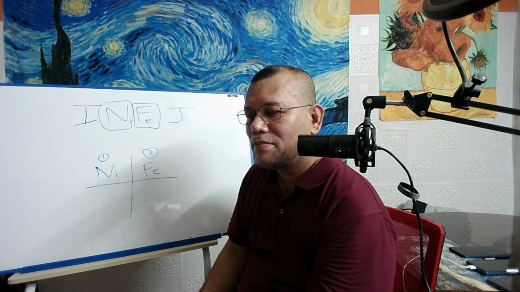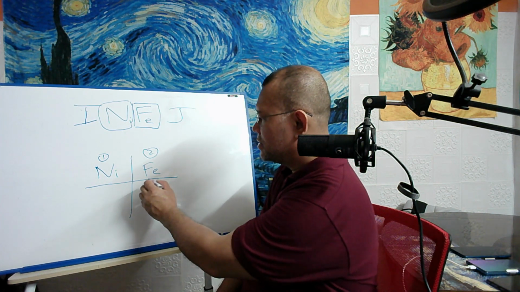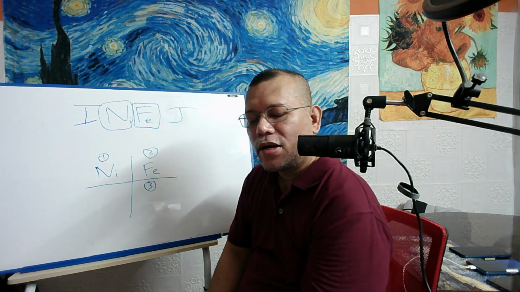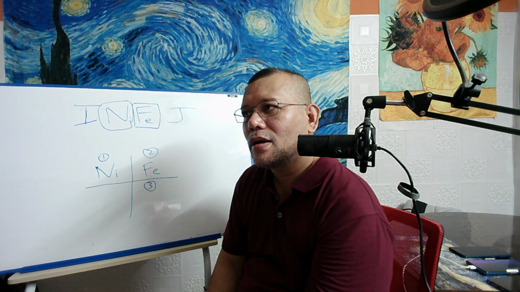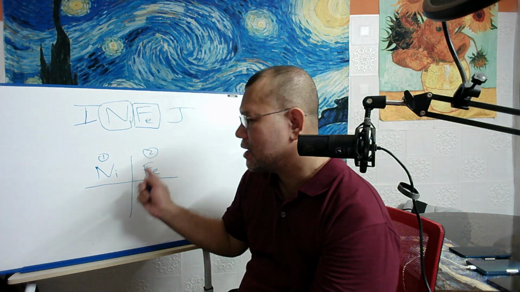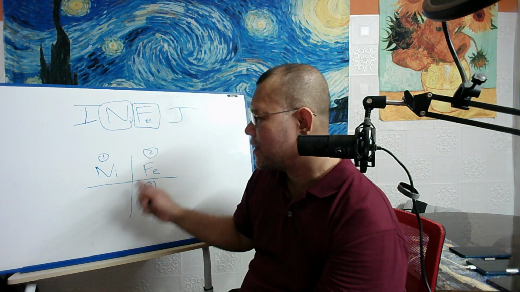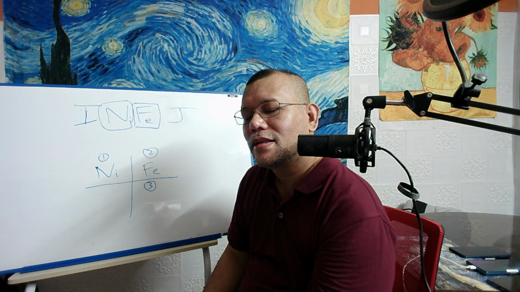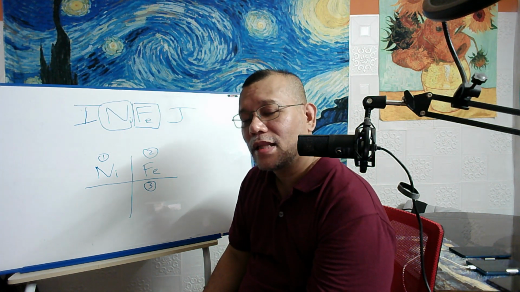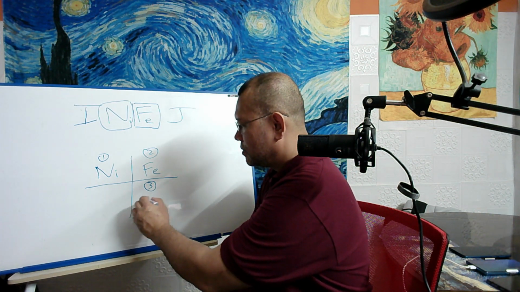The third function will be below the second function. And how do you define the third function? The third function would be the opposite of what the second function is. If the second function is extroverted feeling, then the third function will be introverted thinking.